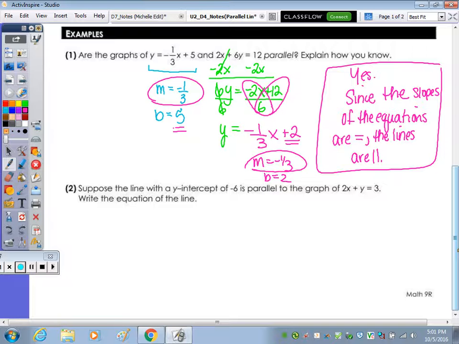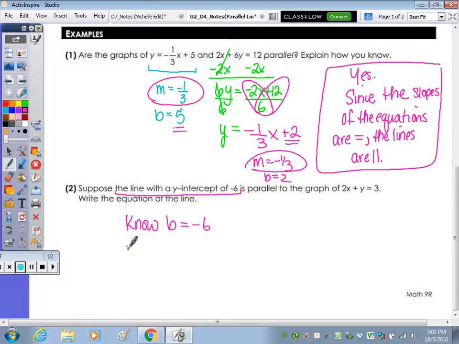Number 2 says, suppose the line with a y-intercept of -6 is parallel to the graph of 2x plus y equals 3. Write the equation of the line. So the line, we already know, has a y-intercept, or your b, of -6.